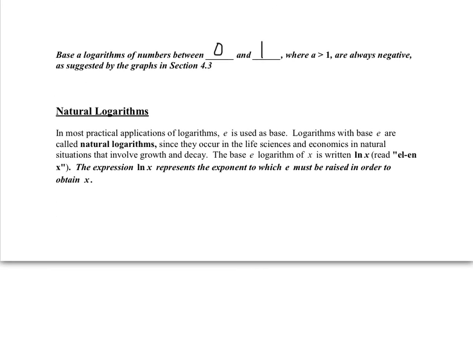Now, in many things that occur in nature, we know e, that natural number, occurs frequently, and that means finding the natural logarithm of certain things will be extremely common. We use it in economics as we look at the type of growth that can occur in nature.